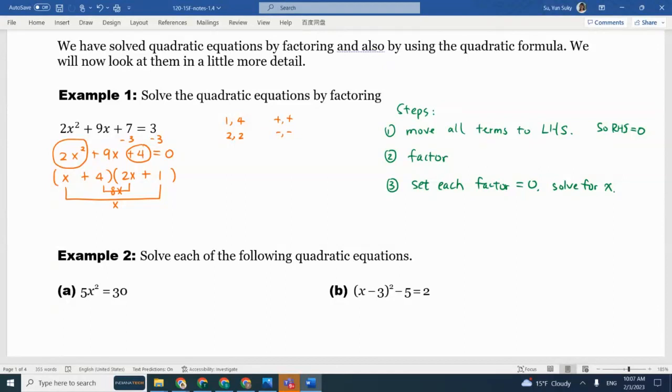Yes, everybody? And 8x plus x is 9x. Good, so this is the factoring. We try all different combinations: 1, 4, then 4, 1. We try plus plus, and if plus plus doesn't work, try minus minus. If those don't work, try 2, 2. So this is the factoring, and that equals 0.